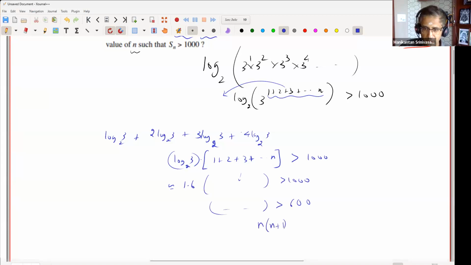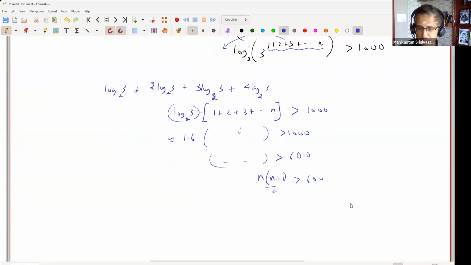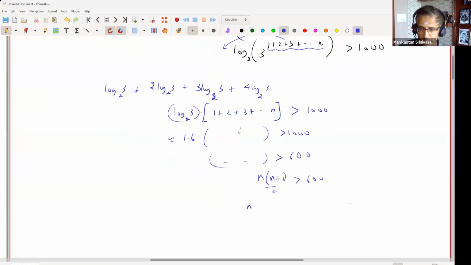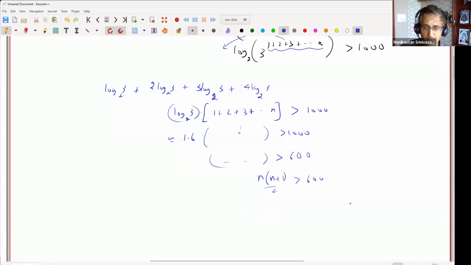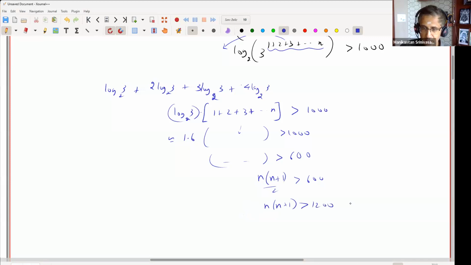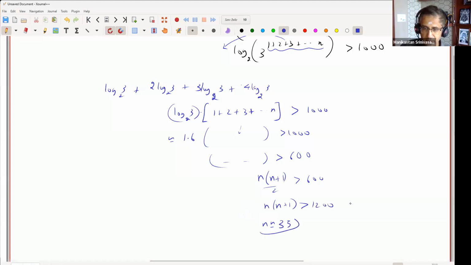You can do it on your calculator. n into n plus 1 by 2 must exceed 600. Sorry, n into n plus 1 should be, I forgot the divide by 2, so n into n plus 1 should exceed 1200. Therefore, n must be somewhere close to 35 or something like that.